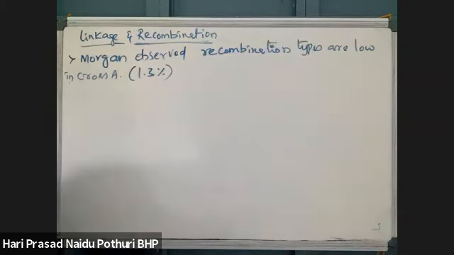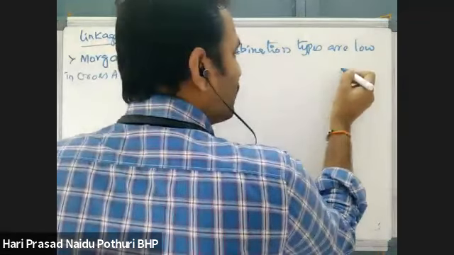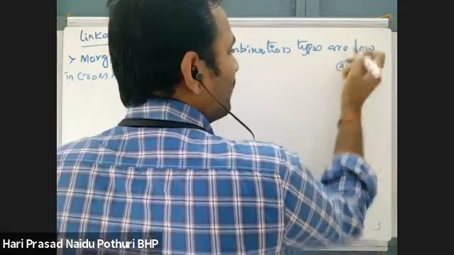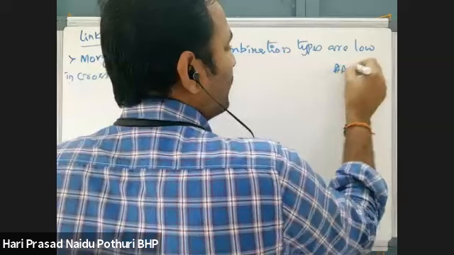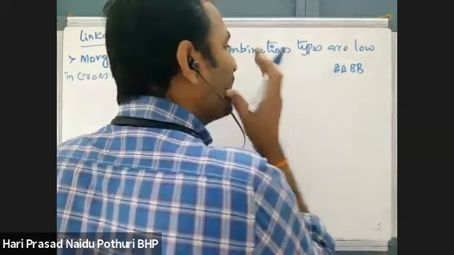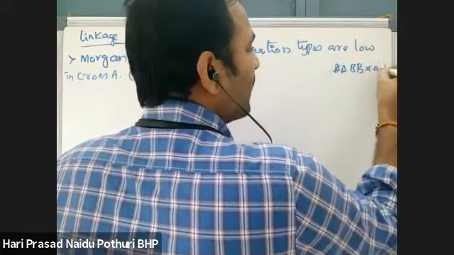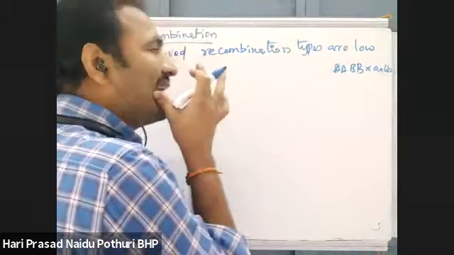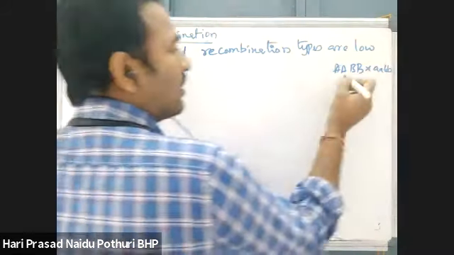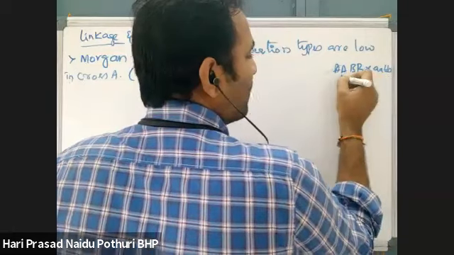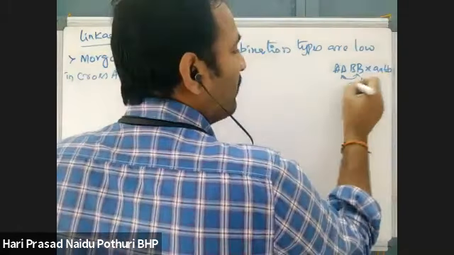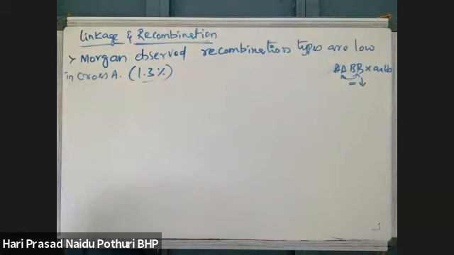In cross A, he took two genes, suppose gene A and gene B, and crossed them like Mendel's experiments. He got a result that recombination types were just 1.3% in cross A.